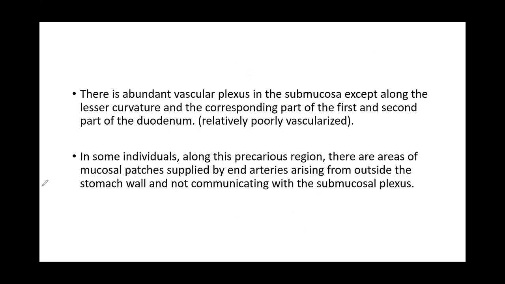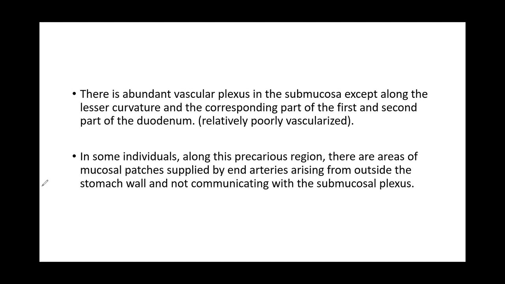Now, there is an abundant vascular plexus in the submucosa, except along the lesser curvature and the corresponding part of the first and second parts of the duodenum, which are relatively poorly vascularized.